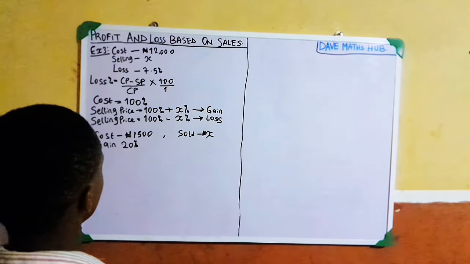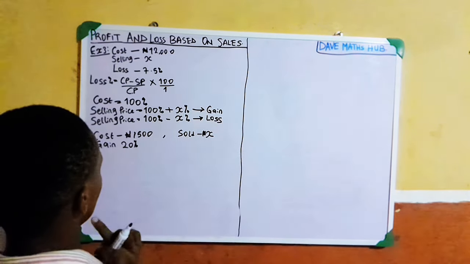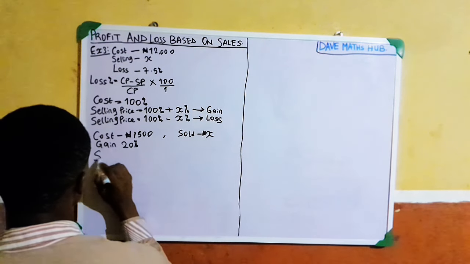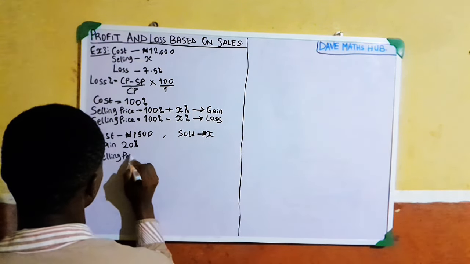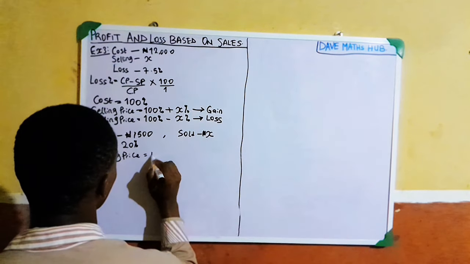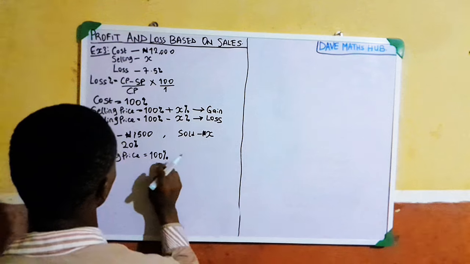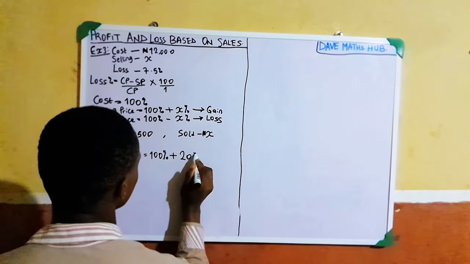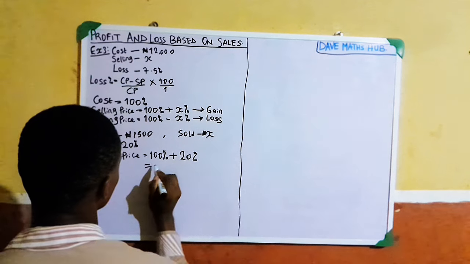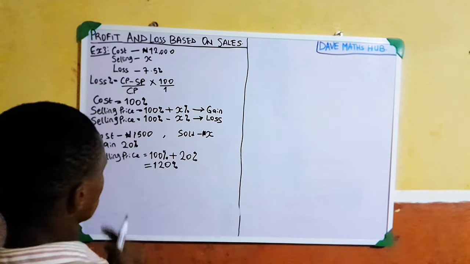To find X using this formula, since it's a gain, it's an addition. Therefore, selling price now, since it's a gain, will be 100% plus 20%, giving us a total of 120% because it's a gain.